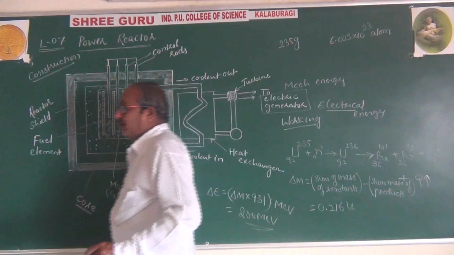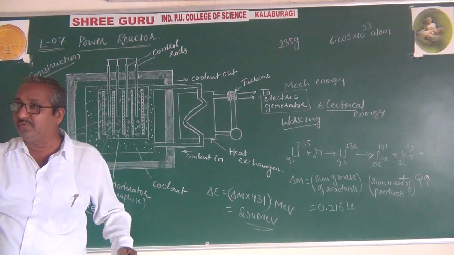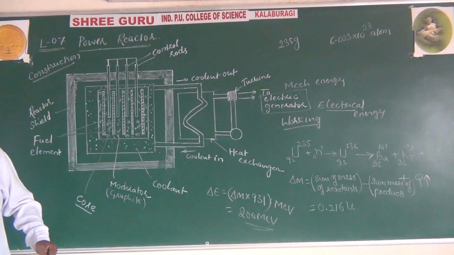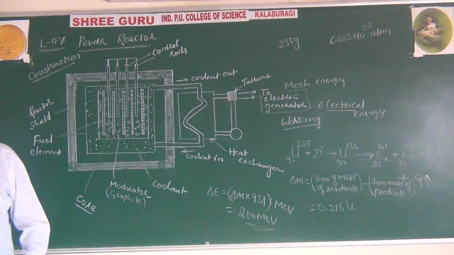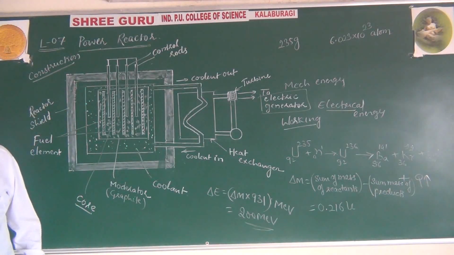Uranium ಅಂದರೆ 235 grams equivalent mass of the uranium ಅಂತ ಕರೀತೀವಿ. 1 mole of uranium consists of 235 grams, and it consists of a number of atoms 6.023 into 10 raised to 23.